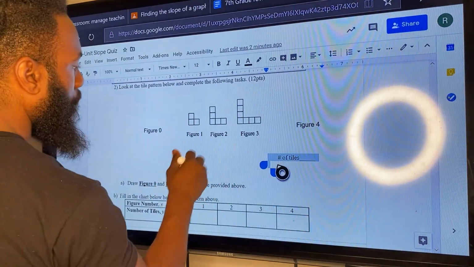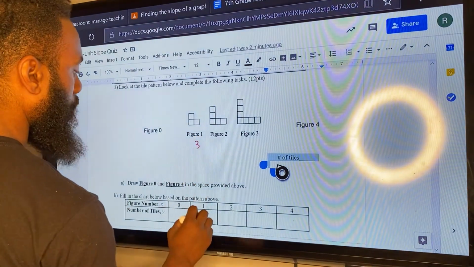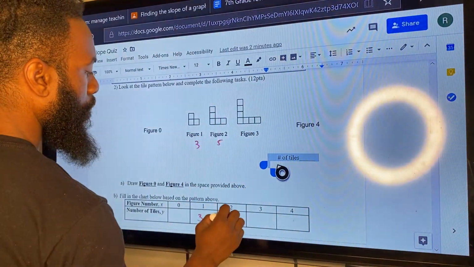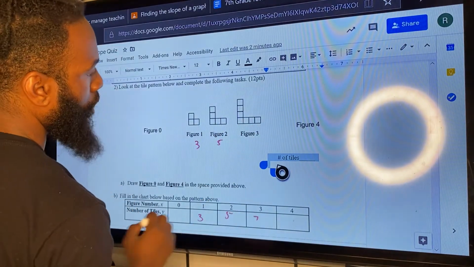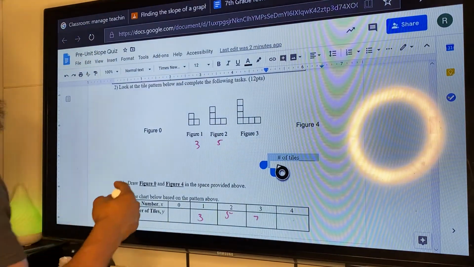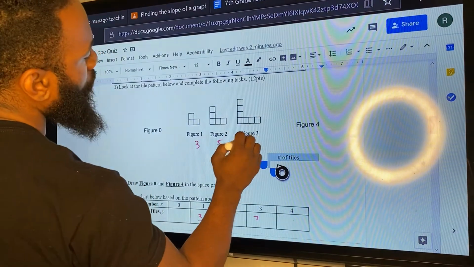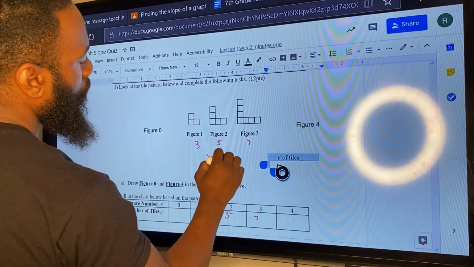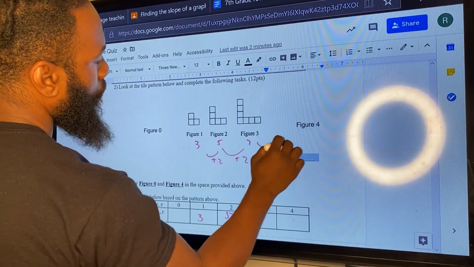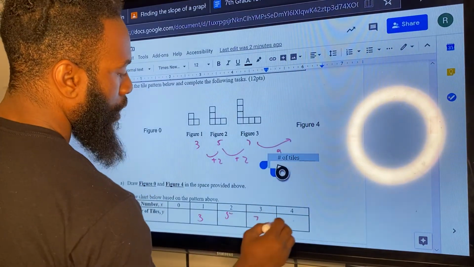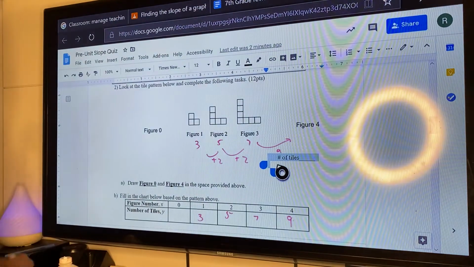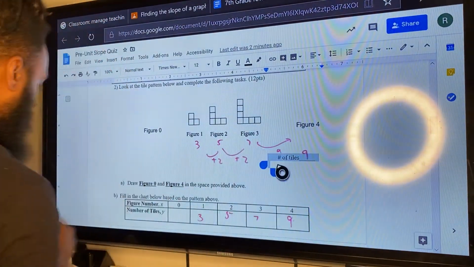So I see 3, which should go here. 5, which should go here. 1, 2, 3, 4, 5, 6, 7, which should go here. And then figure 4, we have to figure out. But since we know that they're going by 2, I could figure out that add another 2, this will be 9. You can put that here or here.